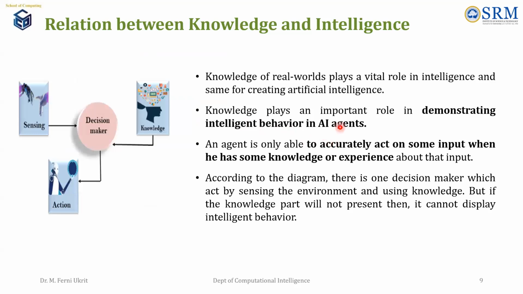That is why knowledge and intelligence are related. According to this diagram, a decision maker first will have a sensing of the environment. He needs to know; simply, we cannot decide anything.